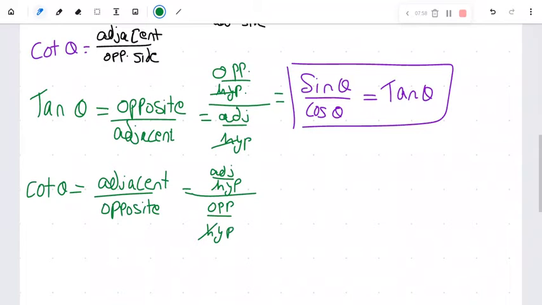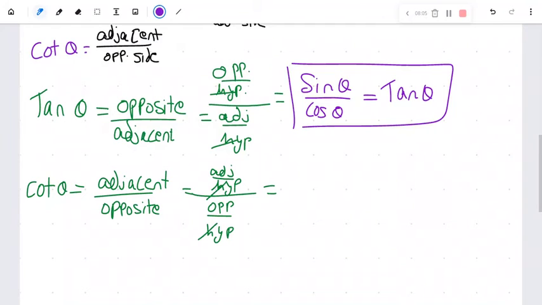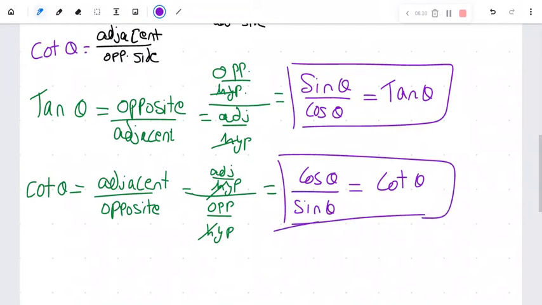Again, hypotenuse cancelled out. Adjacent by hypotenuse is cos theta, divided by opposite by hypotenuse, sine theta. So cos divided by sine gives us cot theta. Okay, our second relation. Similarly, sine theta by cos theta gives us tan theta, and the reciprocal of that, cos theta by sine theta, gives us cot theta.